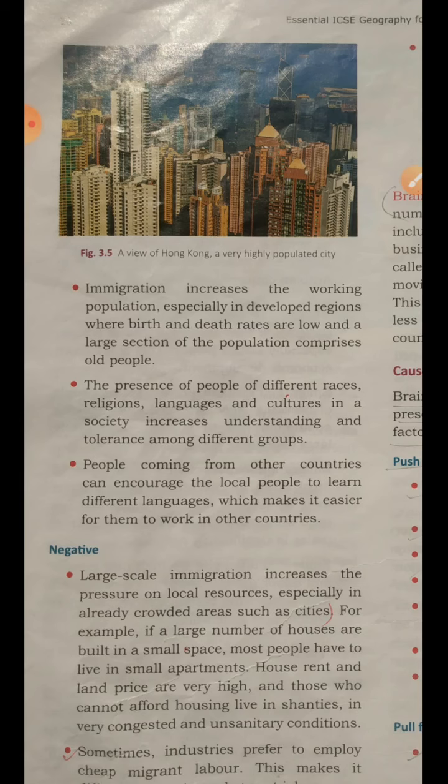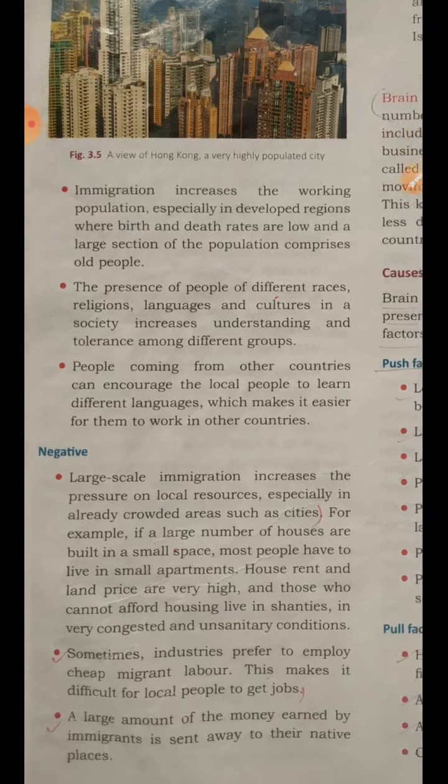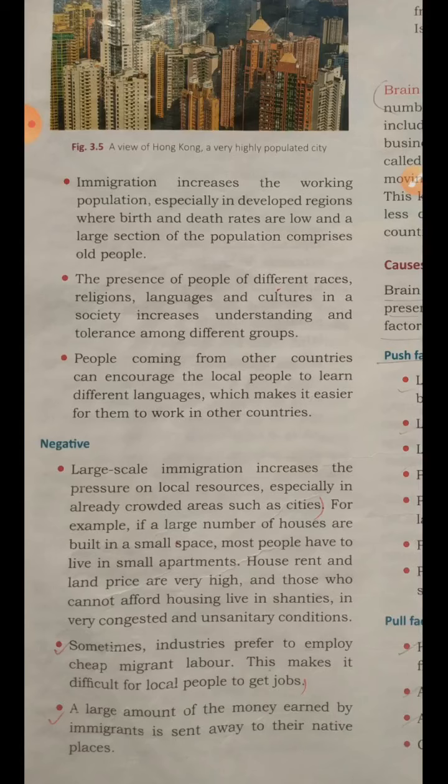Now, the negative factors that a receiver region has to bear. Large-scale immigration increases the pressure on local resources, especially in already crowded areas such as cities. For example, a large number of houses are built in a small place. Most people have to live in small apartments. House rents and land prices are very high there, and those who cannot afford to live in a good place live in shanties.